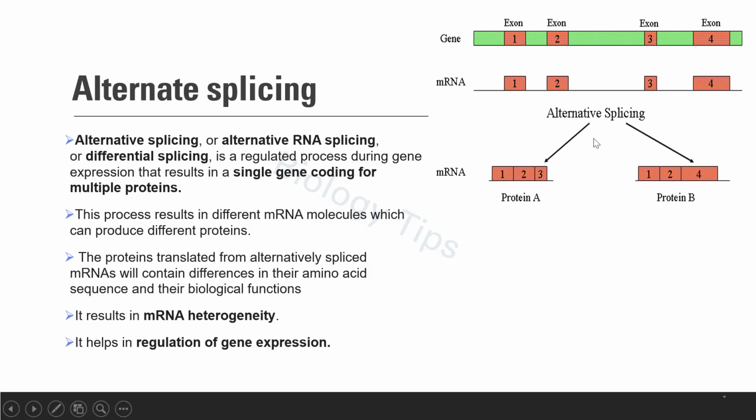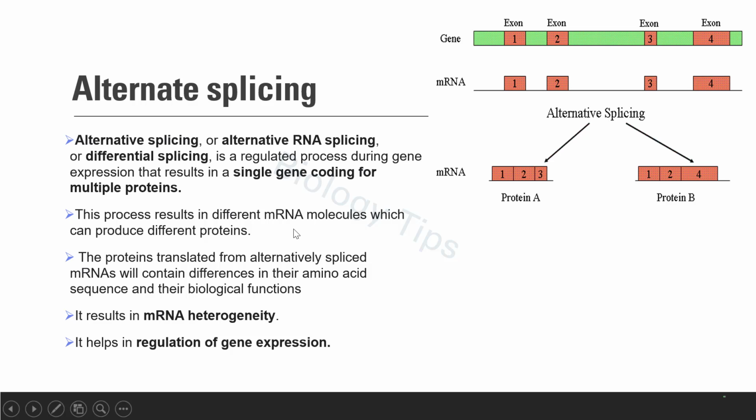Now, in alternate splicing, you can see that exon 1, 2 join with 3, whereas protein B is formed by taking exon 1, 2 with exon 4, right? So, we are producing two proteins, protein A and protein B, from the same gene, right? So, this method we call alternate splicing.